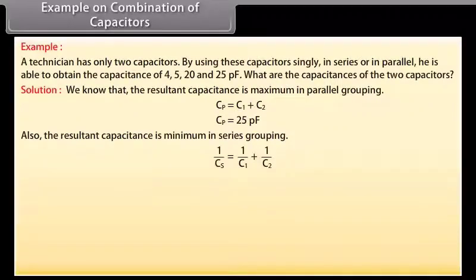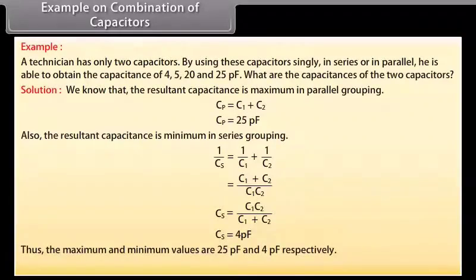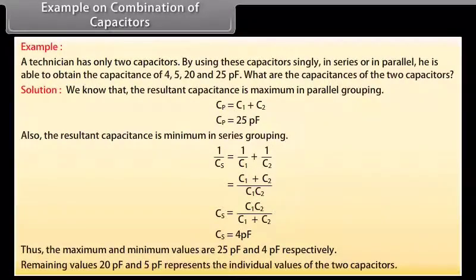Reciprocal of Cs is equal to 1 upon C1 plus 1 upon C2, or Cs is equal to 4 picofarad. Thus, the maximum and minimum values are 25 picofarad and 4 picofarad respectively. The remaining values, 20 picofarad and 5 picofarad, represent the individual values of the 2 capacitors.